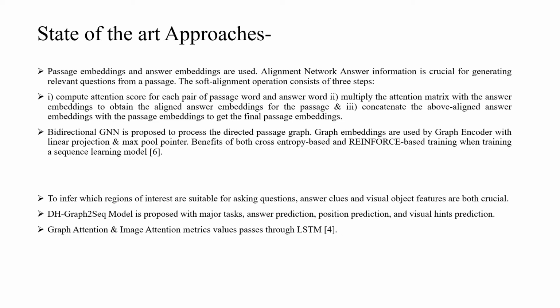This type of system has some major tasks like answer prediction, how to predict the answer, like considering the region reference from where we have to consider the question, the property of that object also we have to consider, position prediction, what is the position of that object with respect to the background, and visual hint prediction.